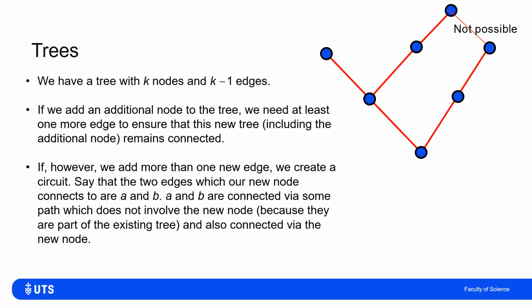And of course, if I do that, then I've created a different path between those two nodes. Because the original graph was a tree, there was already a path between the two nodes that I just joined via my new node, and now there's a second path. So therefore, I've created a circuit. So that isn't possible.